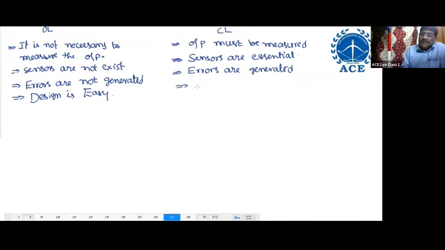But design is complex, difficult. So these are the comparisons between open loop and closed loop systems.